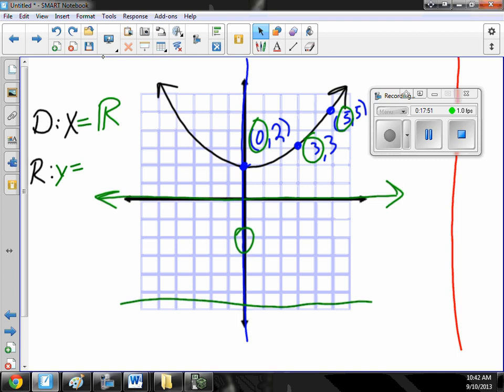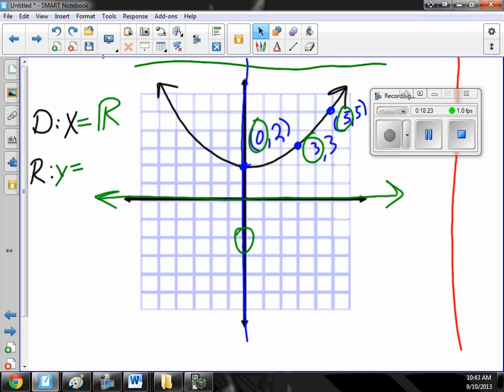How would you say all the y values that are part of this graph? What set are we looking at? Well, let's start at the bottom. Tell me when I start getting yeses. Right there. What number is that? 2. Okay, so 2 works. Does 3 work? 4? When does that stop? It never stops. It goes all the way to infinity, right?